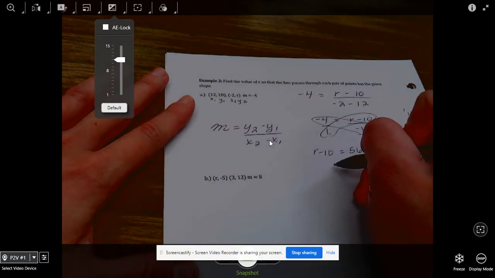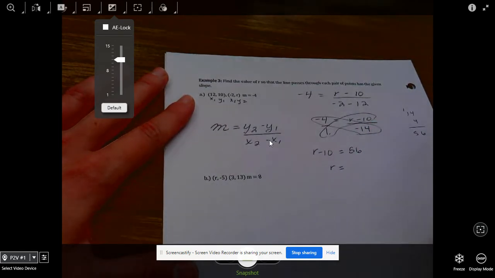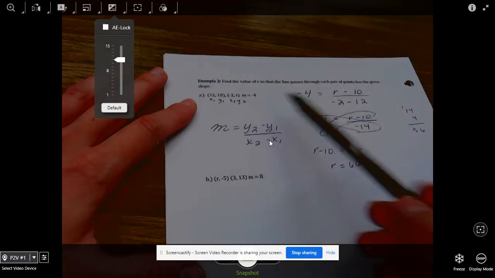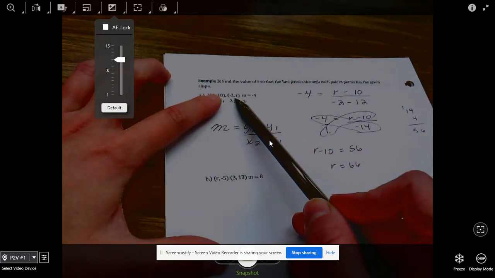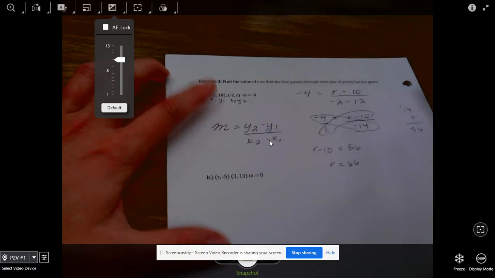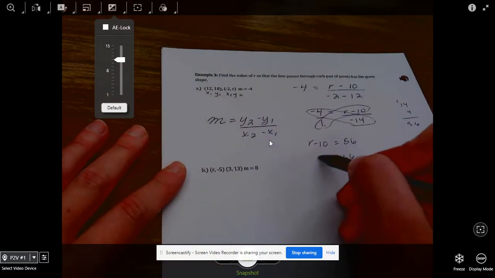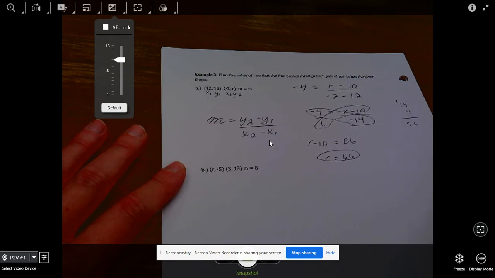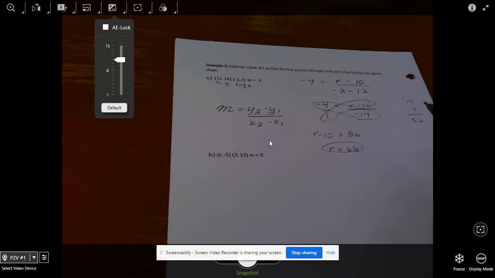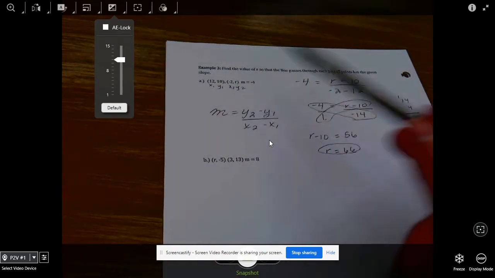Add 10 to both sides, 66. That seems awfully high, so let's try this. 66 minus 10 is 56. 56 divided by 14, yep, it's true. Okay, so that's r. They're asking you to solve for what the other coordinate or the y value would have been.